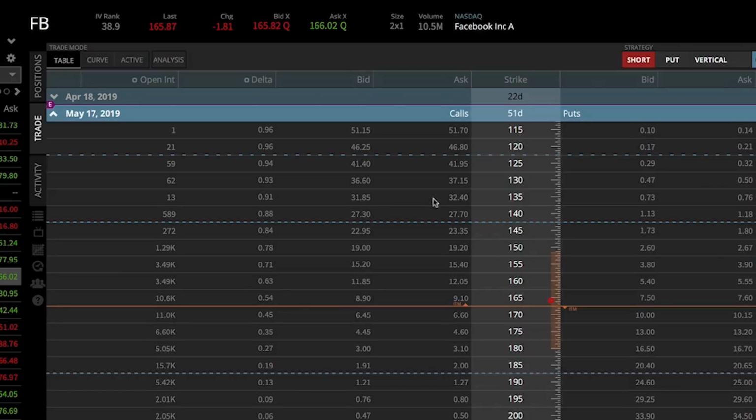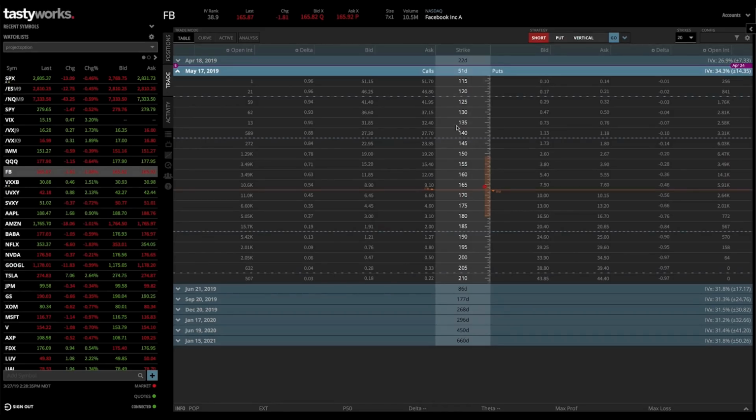And on the ask side of the equation, this $32.40 means that the lowest price someone is willing to sell this 135 call option for is $32.40.